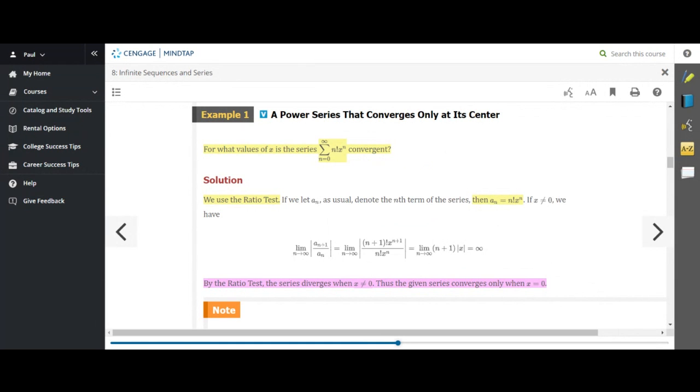And by the way, if x equals 0, what would the series equal if x were equal to 0? What would the power series equal? That's right, Renaud. It would equal 0.